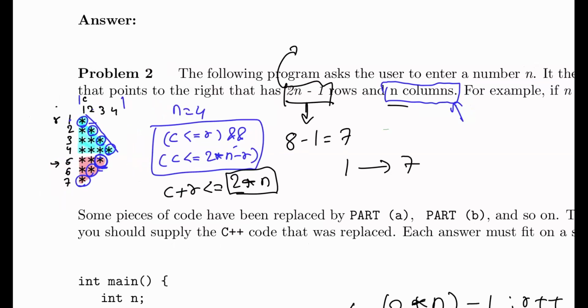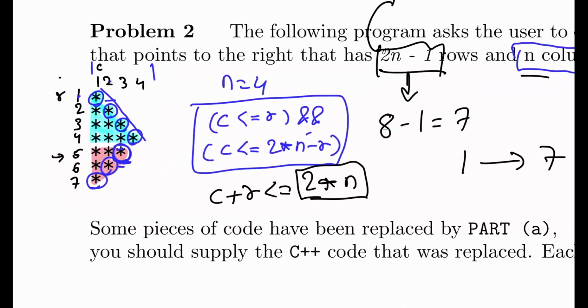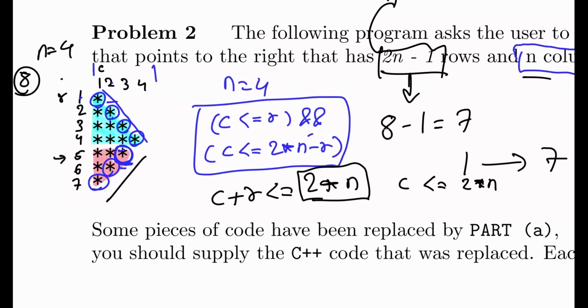How I get this is, when you look at this, 5, 6, 7, n is only 4. How can I get 5, 6, 7? It needs to be more than 4. So what about multiplying by 2? It's 8. If I got 8, how can I use that 8 to satisfy this row? When you think about C is less than or equal to n, so 2n is 8, C is always less than 8.